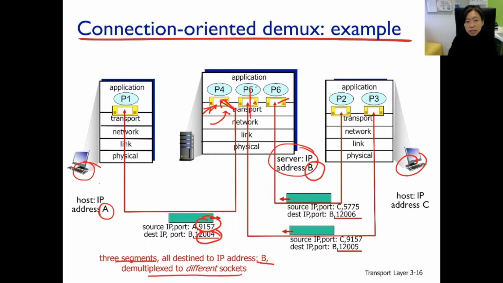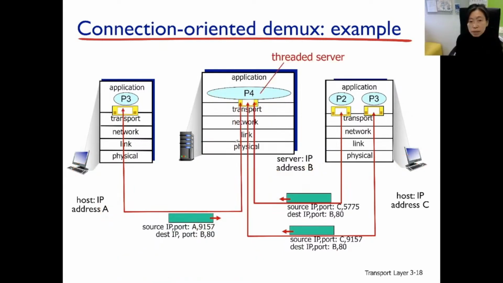The reason it's called connection-oriented demux is because it's not only looking at the destination, it cares also who the source is. So it's almost like there's already a connection between the source and destination, the socket. Now, this connection-oriented demux socket is a little bit weird. This actually happens quite often these days when we're doing a threaded server. In your PA4, you are implementing a server. What happens there is that you start a listening socket, isn't it?